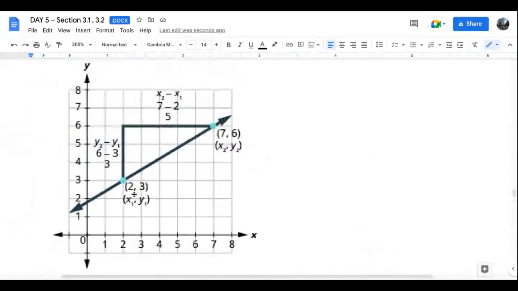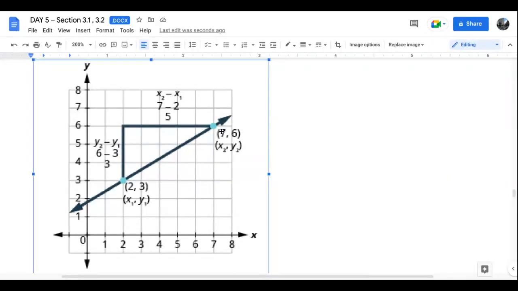So let's see these two examples. The first point is 2, 3. The second point is 7, 6. x2 minus x1: x2 is 7, x1 is 2, so 7 minus 2 is 5. That's run. From point 1 to point 2, it has to run 5 units. What about rise?